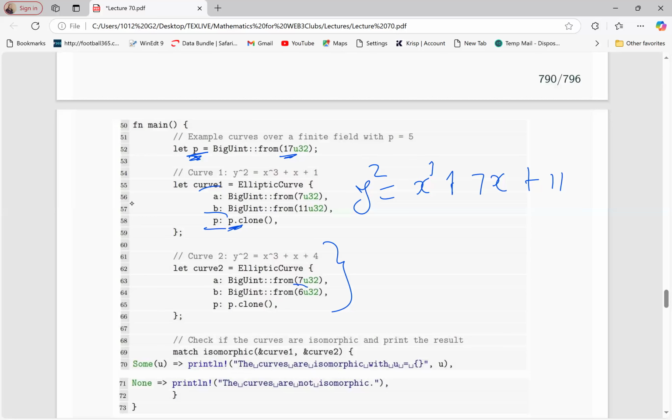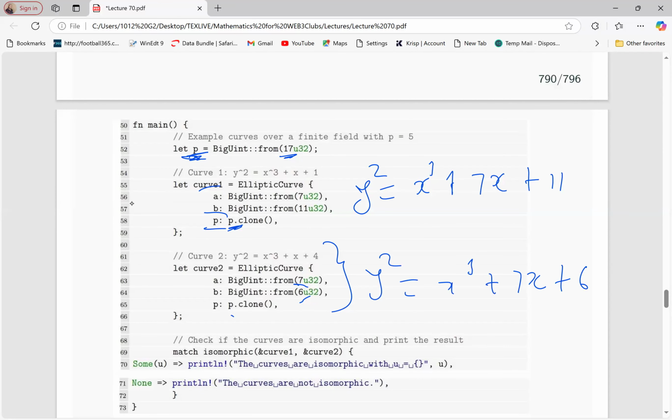Our A is 7, our B is 6, and P is still the same. So I'm talking of y square is x cubed plus 7x, then this time plus 6, and we are doing it mod 17.